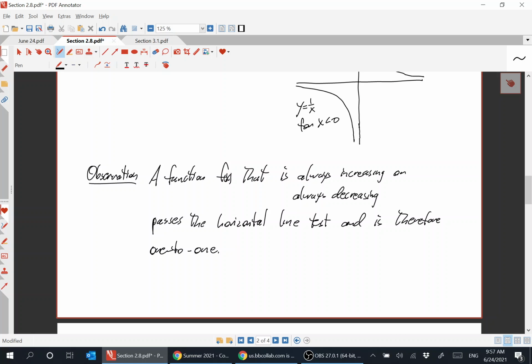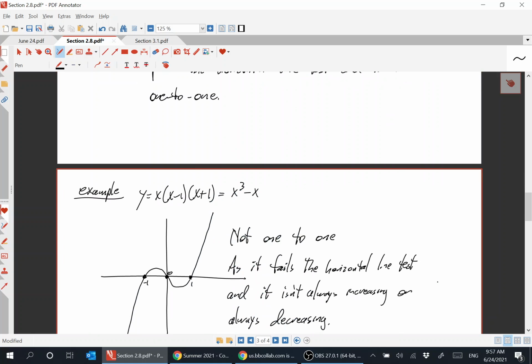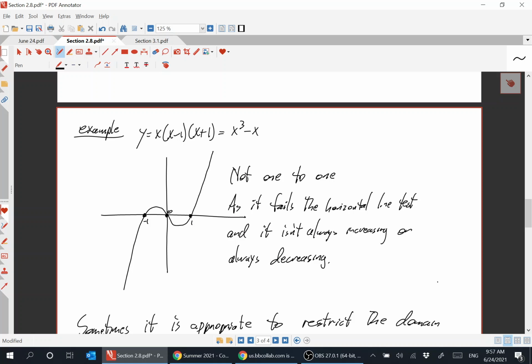Another observation, a function f of x that is always increasing or always decreasing must pass the horizontal line test and therefore is one-to-one. Right, this function here, y equals x cubed minus x. Sometimes it increases, sometimes it decreases, and as you can see, it does not pass the horizontal line test.